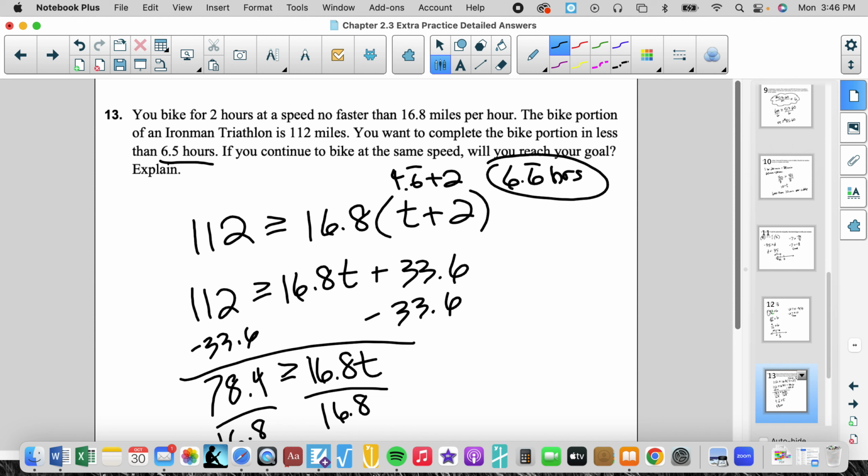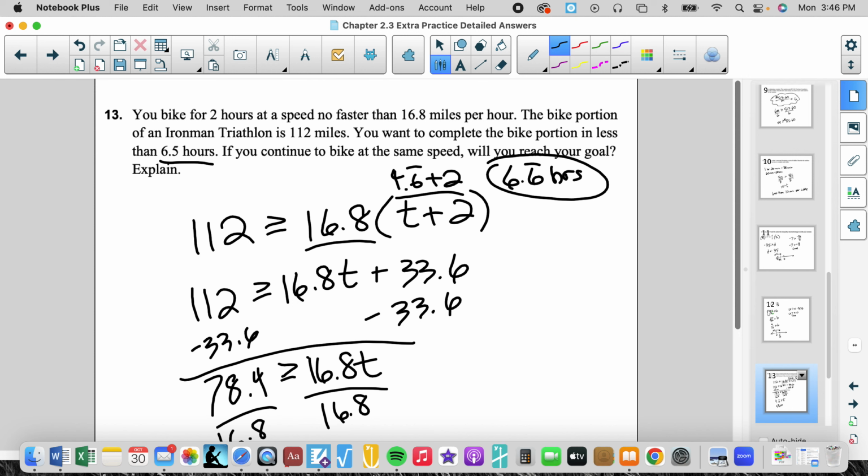Ooh, that's so close. I did not finish it in less than 6.5. So I'm going to have to go faster than 16.8. If I went 16.8 for this amount of time, that wouldn't do it. I would have to go faster.